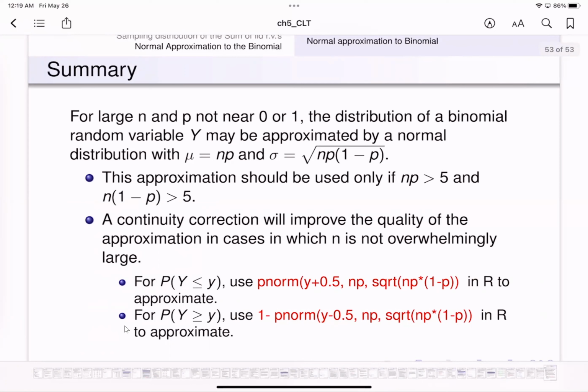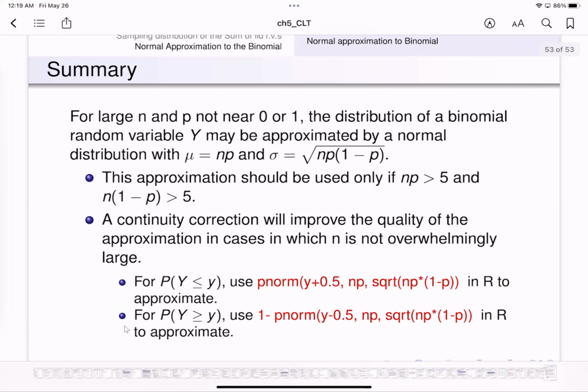In particular, if np and n times 1 minus p are both greater than or equal to 20, then the approximation is good. If np or n times 1 minus p is between 5 and 20, generally we would like to do a continuity correction.